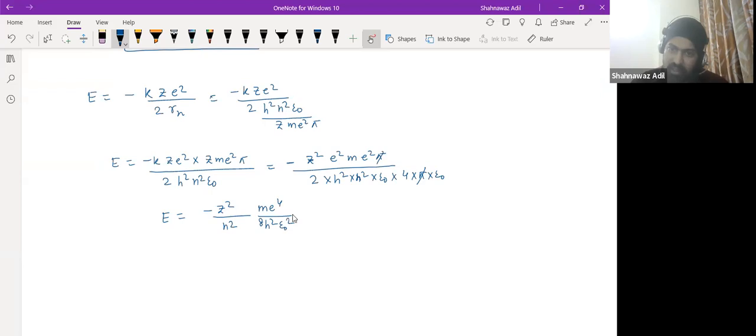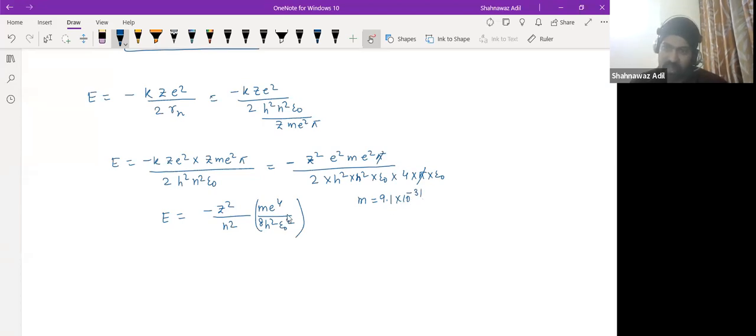Yeah. So this value, right? So if we put all these values, because the mass of electron is how much? That is 9.1 into 10 to the power minus 31, or whatever.